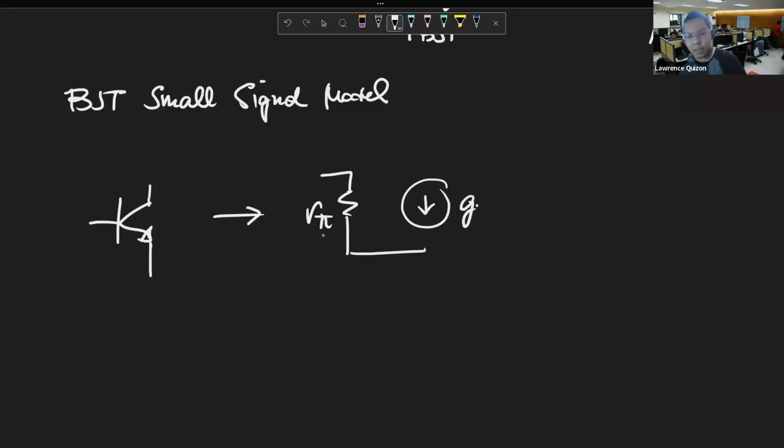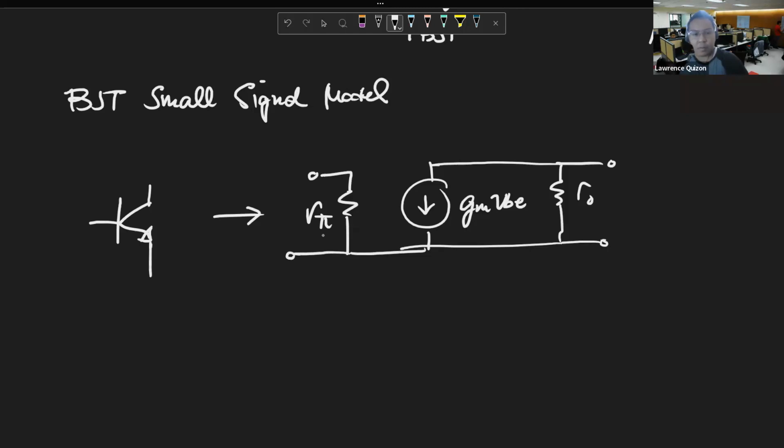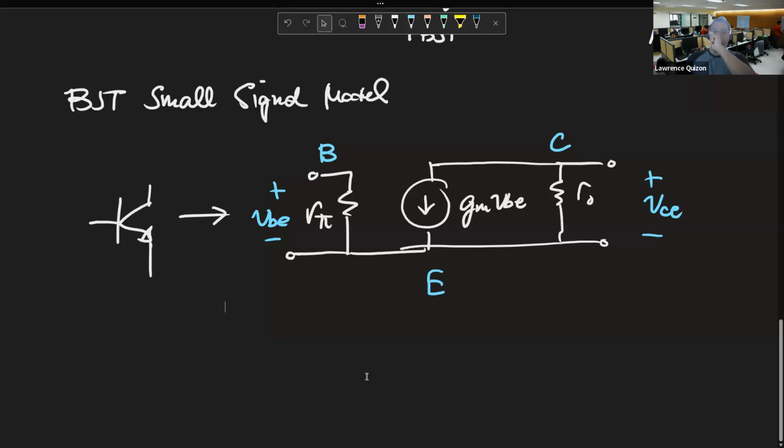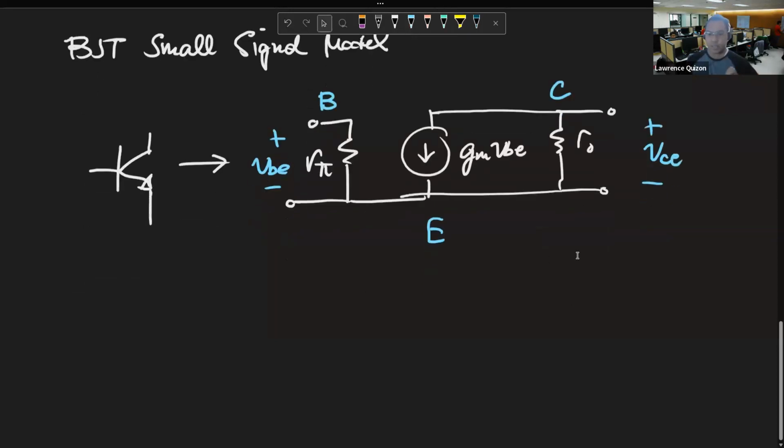It turns into R pi, GM, VBE, right? So it turns into this small signal model, no? This is VBE and this is VCE, no? So quite frankly, we can call this the C, we can call this the B, and this the E, no? So a BJT turns into this.